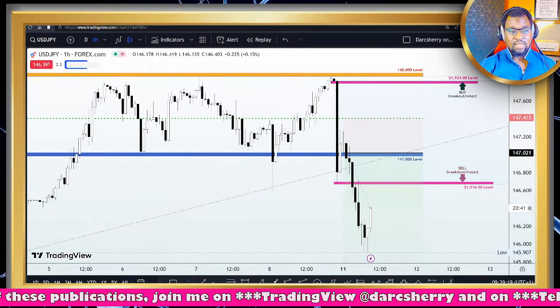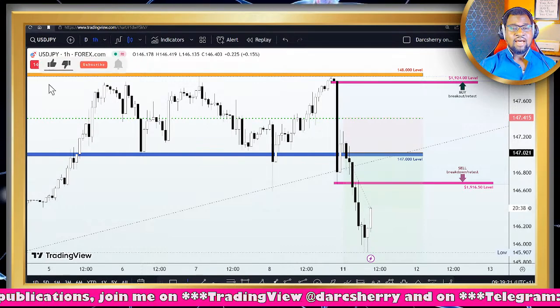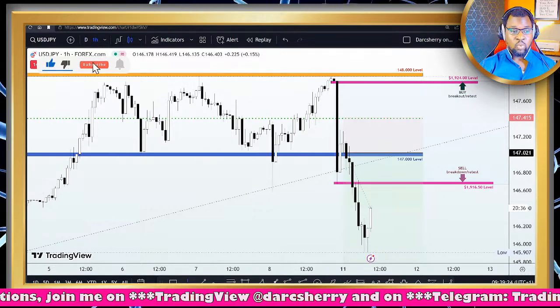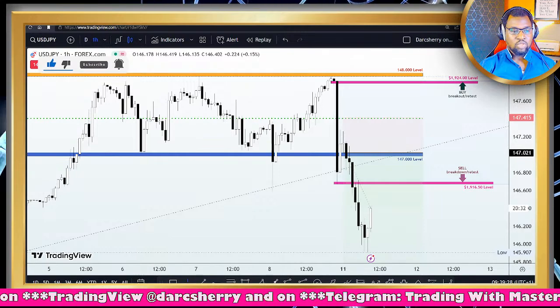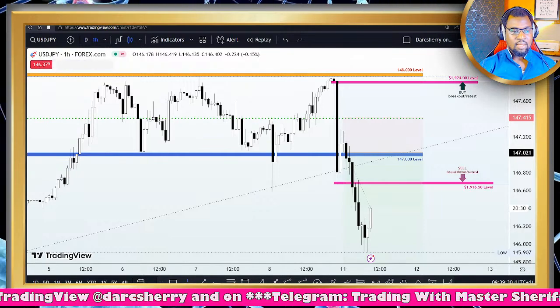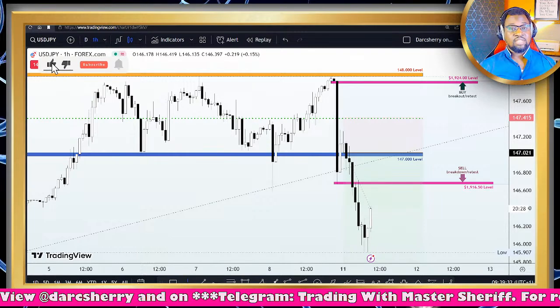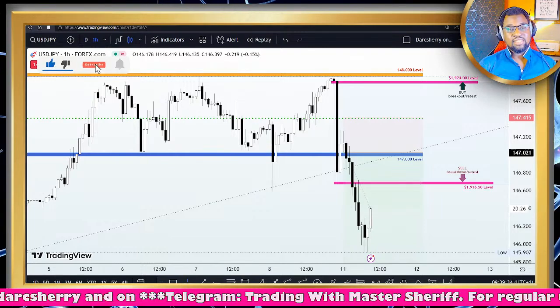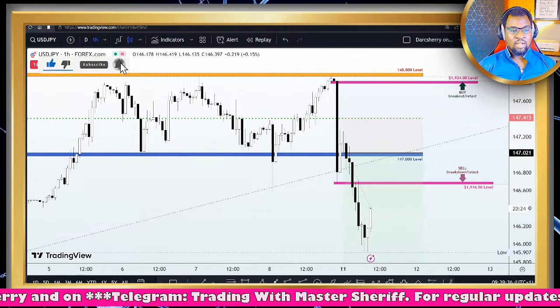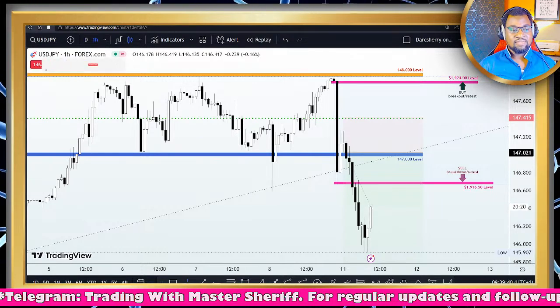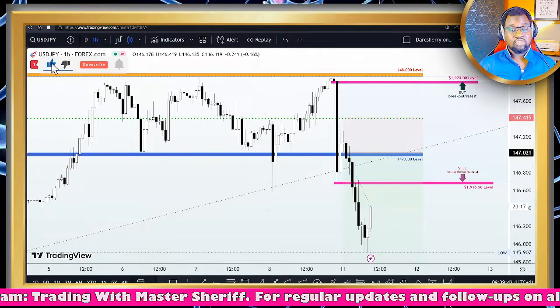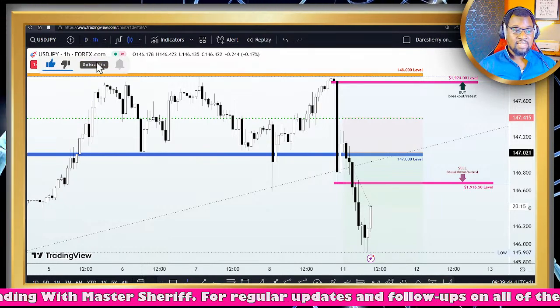Then the GBPUSD, the pound sterling, the economy isn't really doing well at this point in time, as the labor sector isn't doing very well, and there is this general perspective that there is likely going to be another interest rate hike from the Bank of England this month.